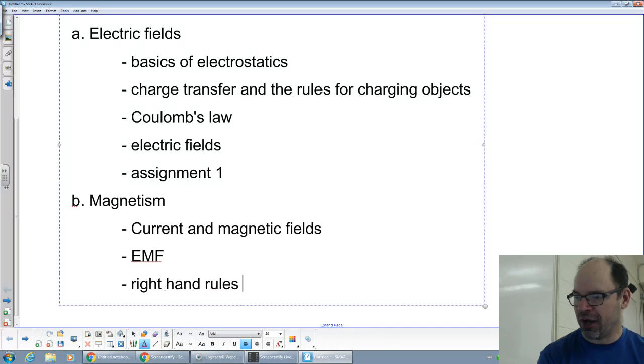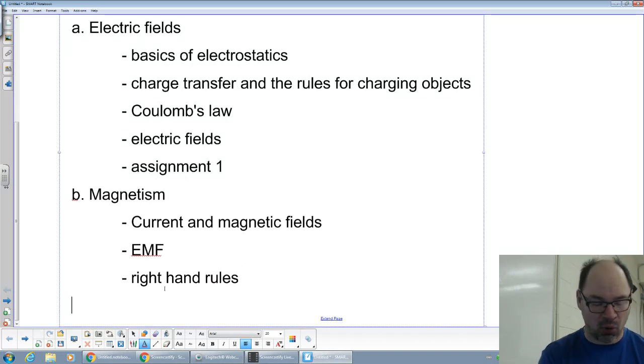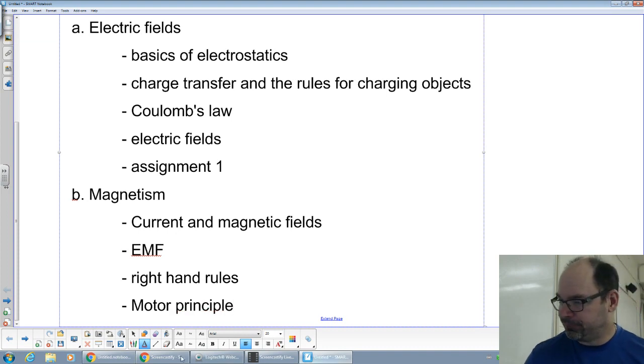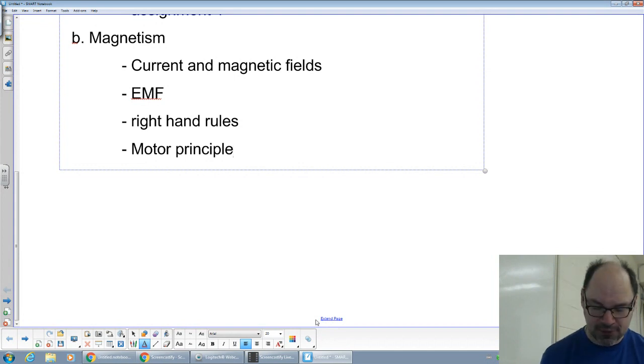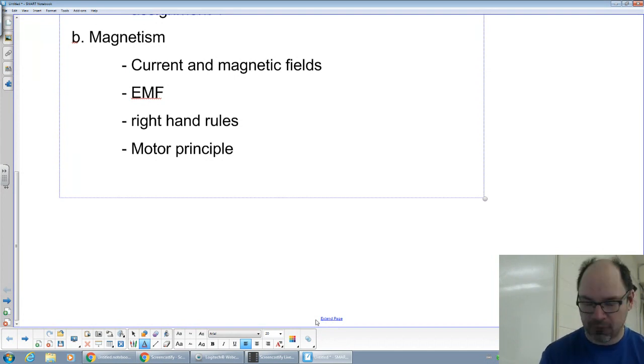Well, actually, there's some right-hand rules and the motor principle, how that works with flowing current. Okay, and that is it for the magnetism part, I think, if I remember correctly. And then we get into gravitation. We don't have an assignment there.